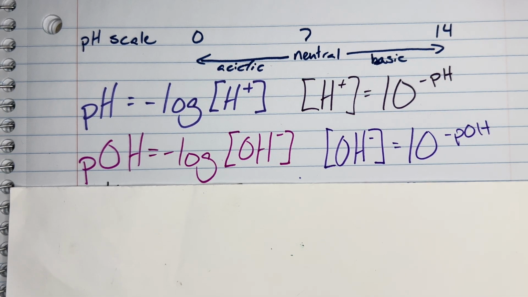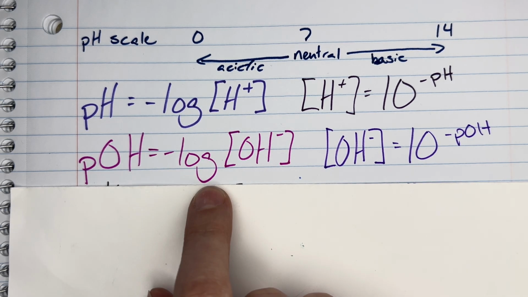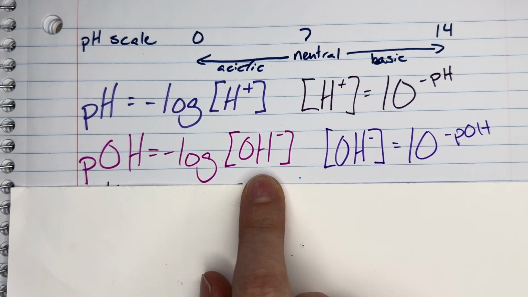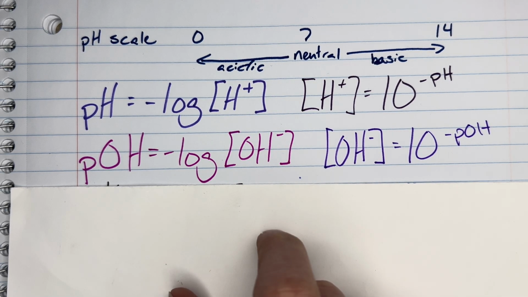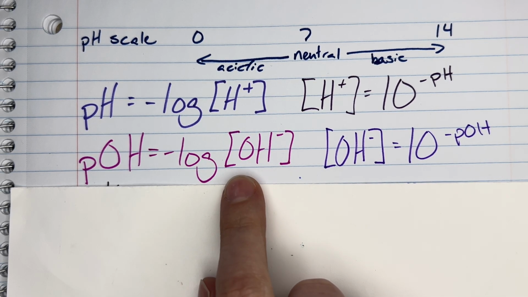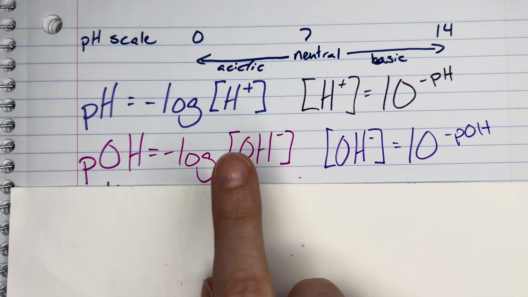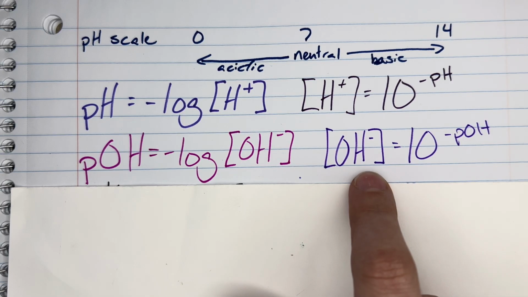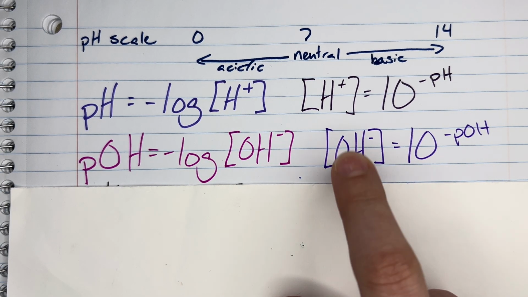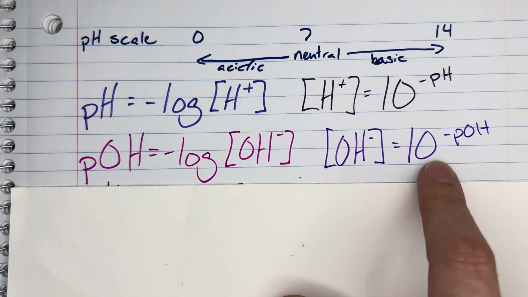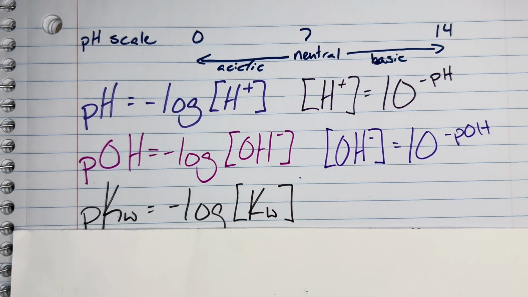pOH is calculated basically the exact same way. pOH is going to be the negative log of the concentration of hydroxide. So this is generally what we're going to be using initially when we are given a base specifically that's going to give off hydroxide. And then again, if we were given the pOH, we wanted to find the initial concentration of hydroxide, 10 to the negative pOH.